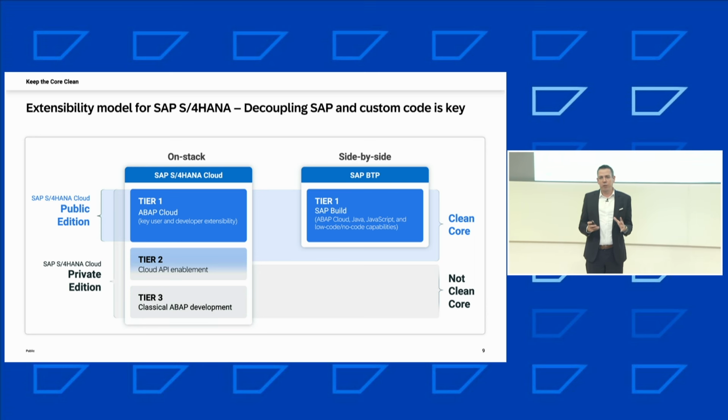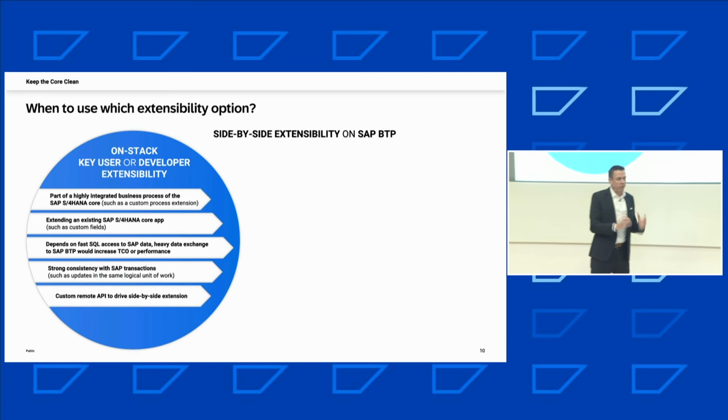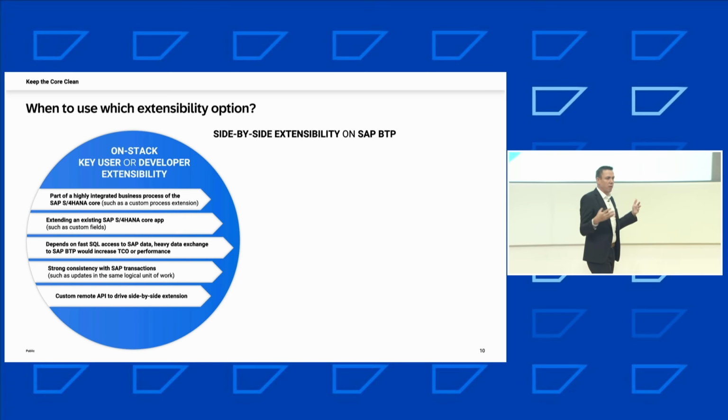And this picture oftentimes leads to the question, okay, I understand now I can do it on stack and I can do it side by side, but when do I use which extensibility option? And we give a certain guidance for this. On stack is recommended when you have a tightly coupled process.